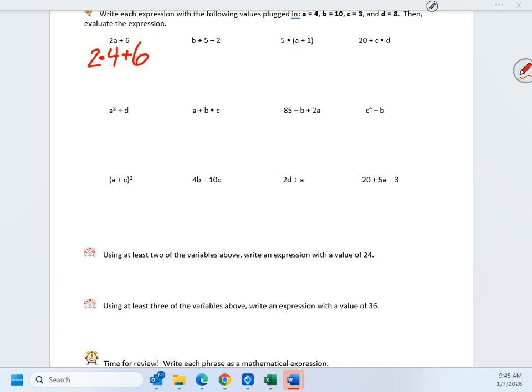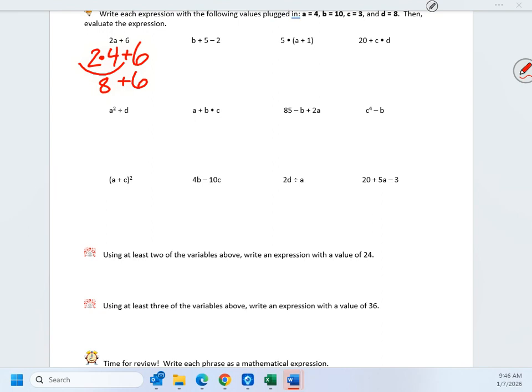So, following PERMDAS, what's the first thing I'm going to do? Jude? 2 times 4. Yeah, I'm going to do my multiplying, because multiplying comes before addition. So I'm going to do 2 times 4 is 8. I'm going to bring down my addition symbol, bring down my 6. Notice how I'm keeping it organized.